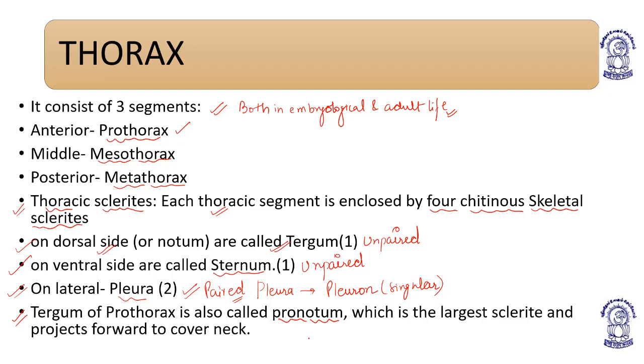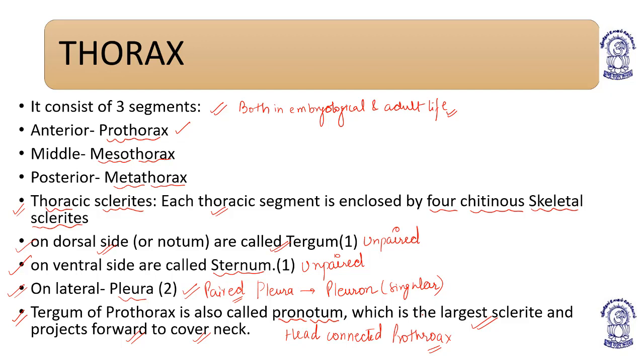Pronotum is the largest sclerite among all the sclerites, and it projects forward to cover the neck. I should tell you, the head is basically connected to the prothorax of cockroach.